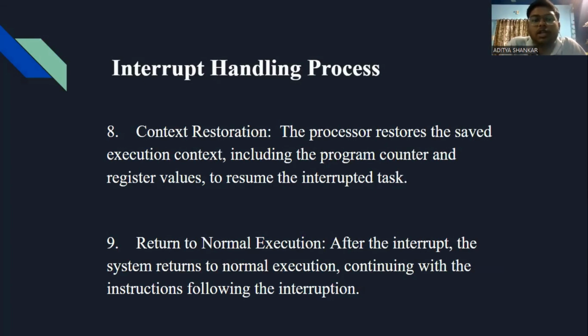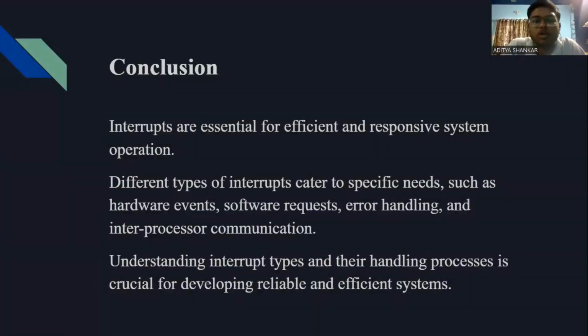The saved execution context, that is the program counter and register values, needs to be restored to resume the interrupted task, and then return to normal execution after the interrupt is done. As we said, context restoration, then back to the execution of the previous program that was being handled.